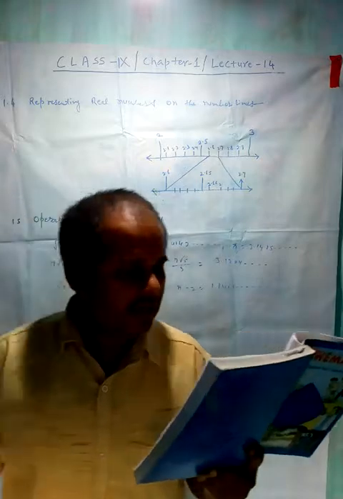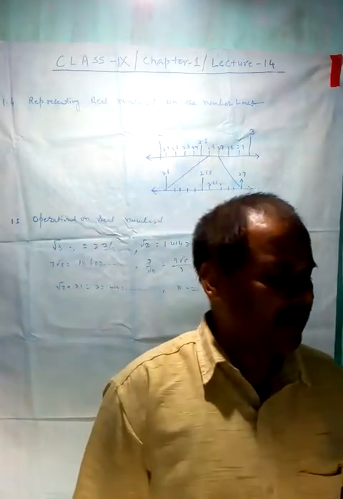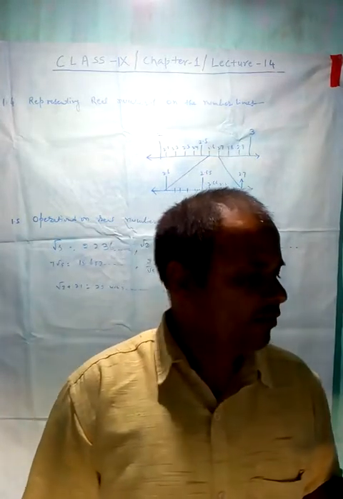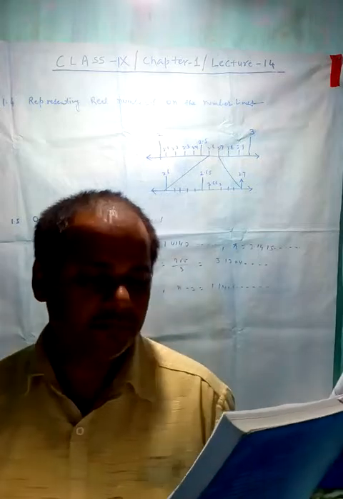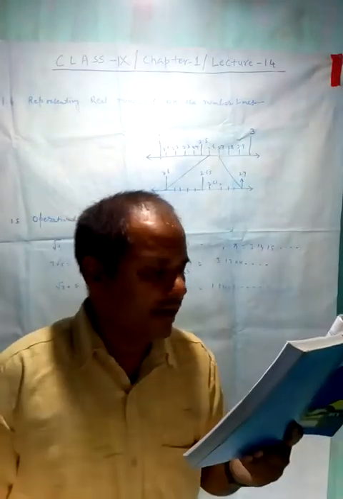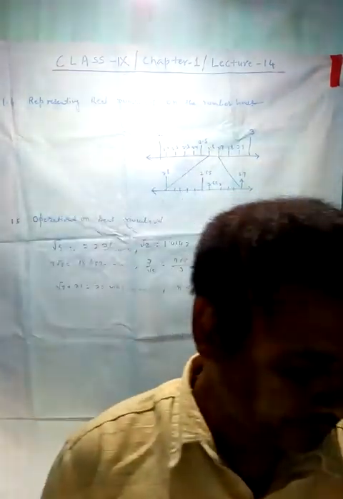Now let us see what generally happens if we add, subtract, multiply, divide, take square roots and even nth roots of these irrational numbers, where n is any natural number. Let us look at some examples. Example number 13.